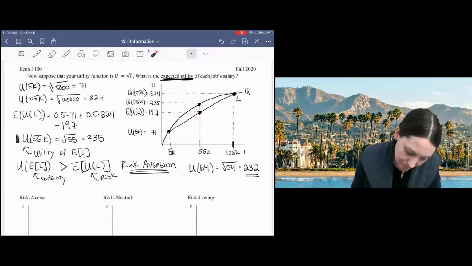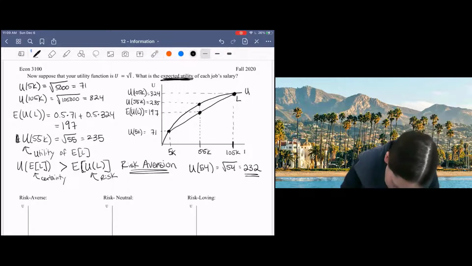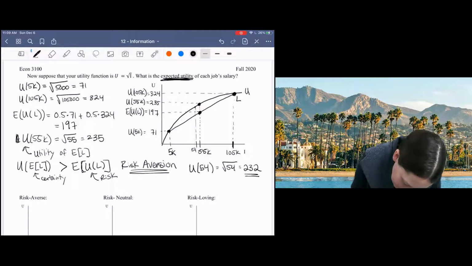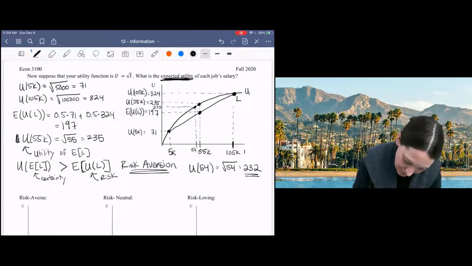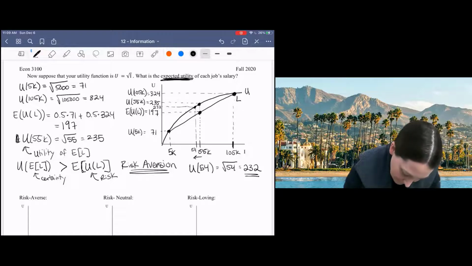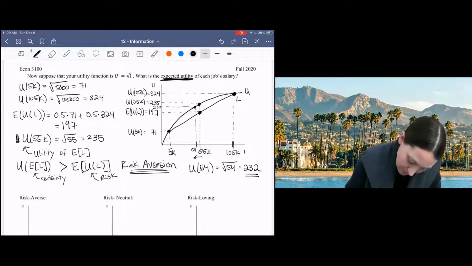So on a graph, I could put 54,000 here, go up, and then I get 232. That's the other option in this problem. And you can see, even though it has a lower expected income, we have a higher utility from that.